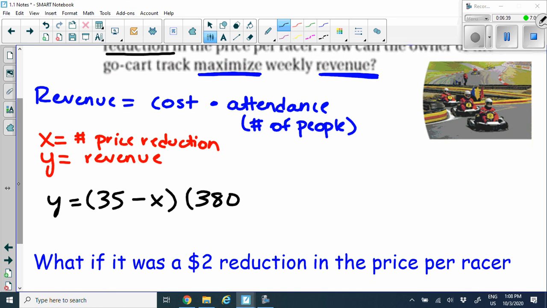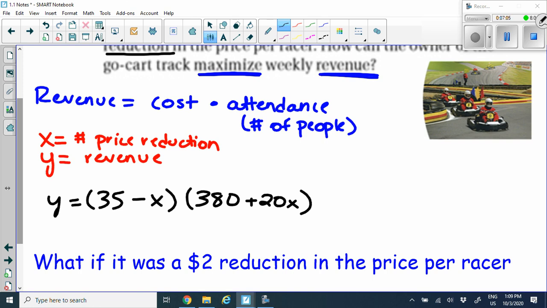So that means if we are having an additional 20, is that adding or subtracting? That's going to be adding. And every single time we have that price reduction, that adds another. So if we have one price reduction, that means we go up 20. If we have two price reductions, that means we actually go up 40. Okay. So our equation here is going to be Y equals (35 minus X) times (380 plus 20X).